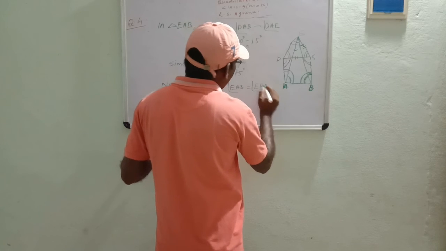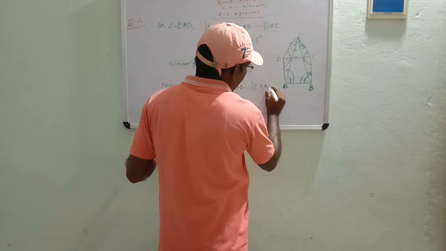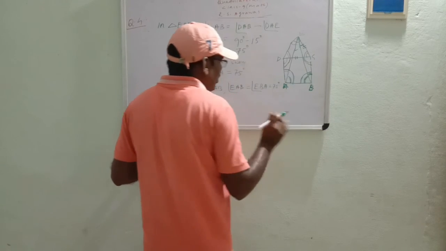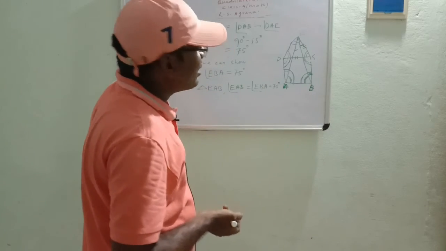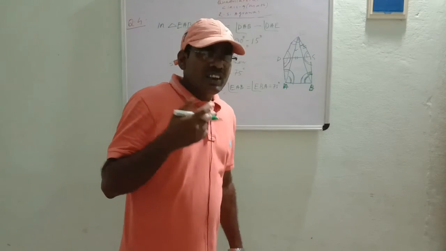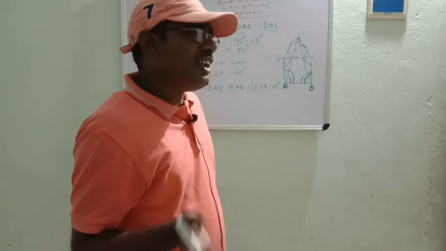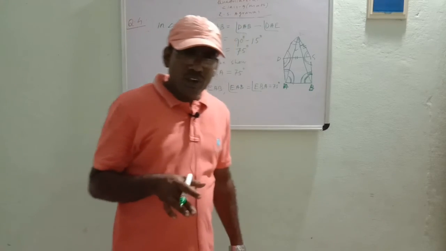These two angles are equal because both are 75. So already you have learnt in class 8, if in a triangle two angles are equal, then their opposite sides must be equal.